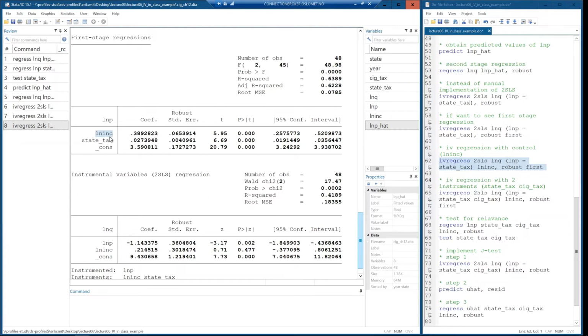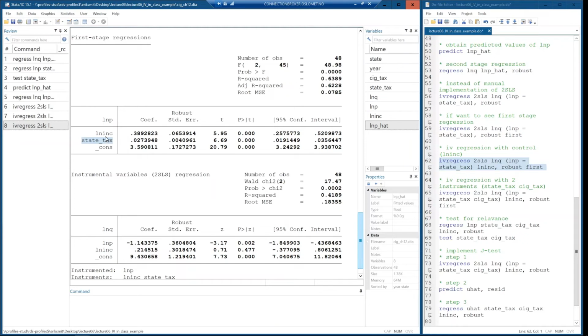And this income variable is included in the model to make sure that the state tax is exogenous, which means that it's uncorrelated with any variables contained in the residual term.